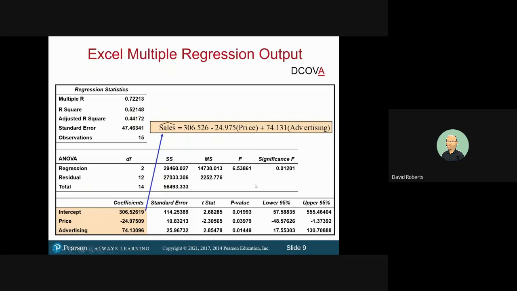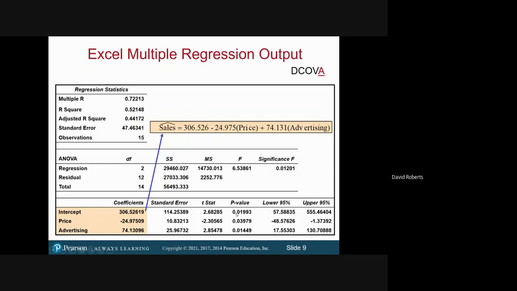That's what it represents. You can see from before, some of you probably even jumped ahead. Oh, look at the p-values. We want low p-values. The intercept is 0.01993. The price is 0.0379, and advertising 0.01449.